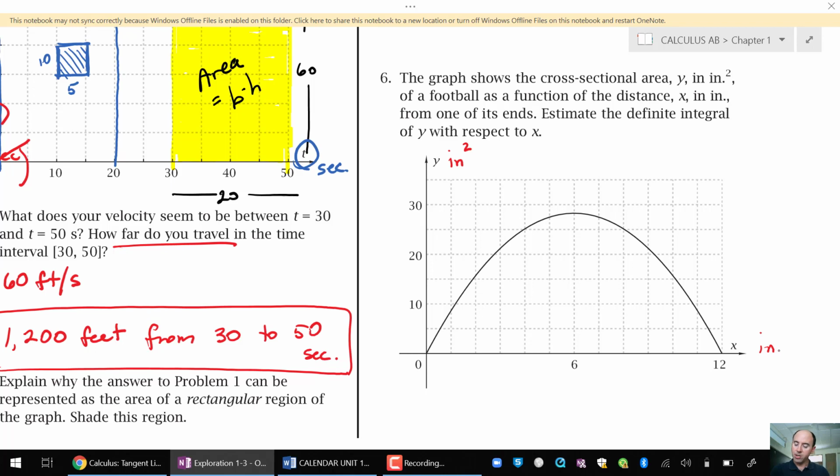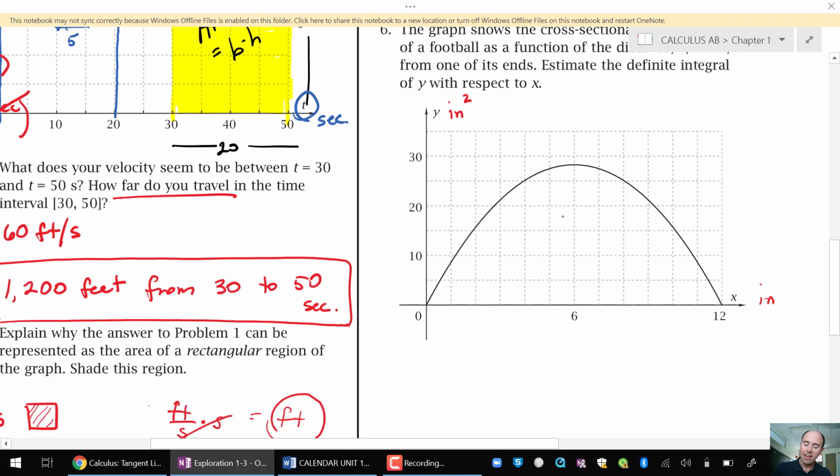So if I go from 0 all the way to 12, I'm looking for the area under the function curve in this case. I'm going to square count all of this, but let me first examine one of these little grid squares. It looks like I have a length of 1 across the base, but the height of each one of my squares is going to be 5. So there's a 5 by 1 square. I'd like to count how many squares there are under the function.